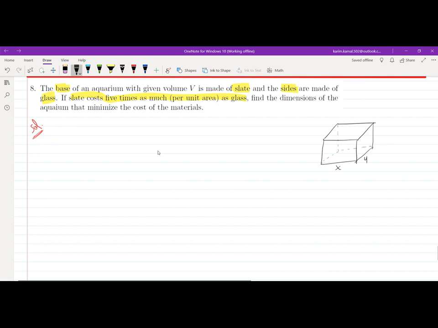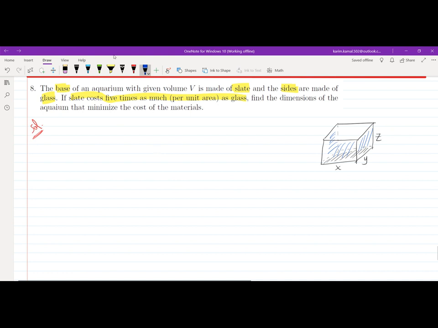What is stated is that the base of this aquarium is made of slate and the sides are made of glass. First of all, let's assume the dimensions like we wrote it here.